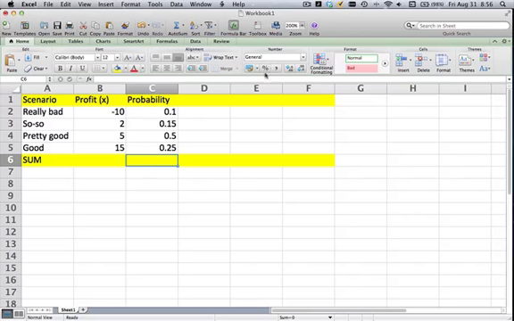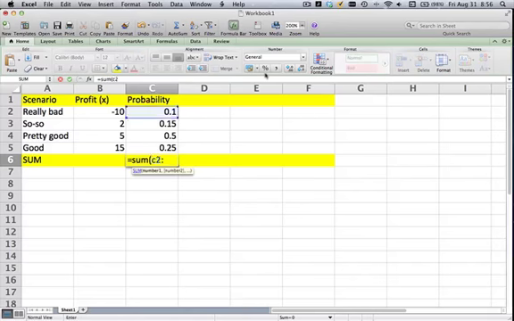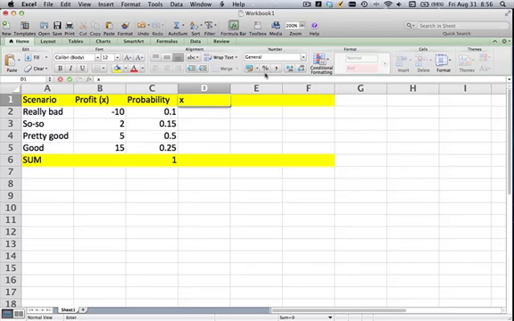So let's see, where is the sum function? I'll just type it in. So C2 through C5. And sure enough, they add to 1. So it looks like everything's good to go. Now to find the mean, what we're going to do is take x times the probability of x. So we're going to give this value minus 10 a weight of 10%.